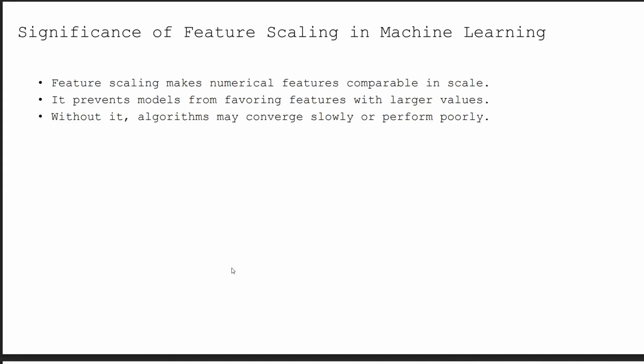Another significance is the convergence of the algorithm. This is also a very crucial part while implementing ML models. If we do not do the feature scaling, then the algorithm may converge slowly or perform poorly.